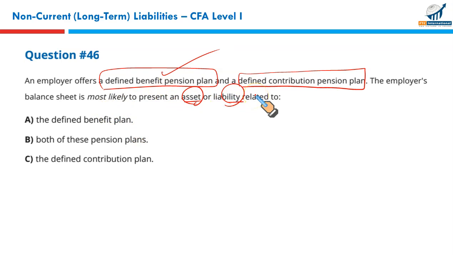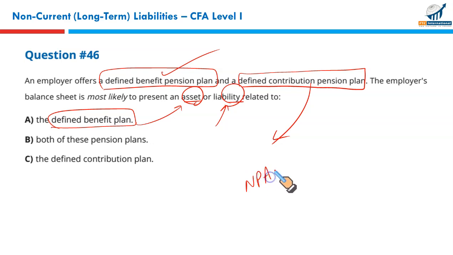The difference we discussed a little while ago in an MCQ. But a defined contribution pension plan is charged to the income statement and shown as an expense for the period. So it means only the defined benefit plan is reported either as an asset or as a liability.